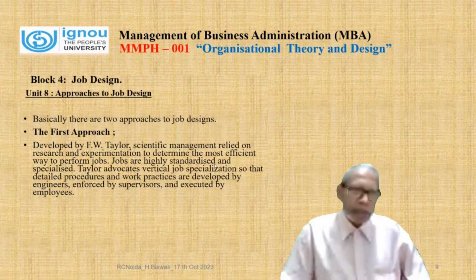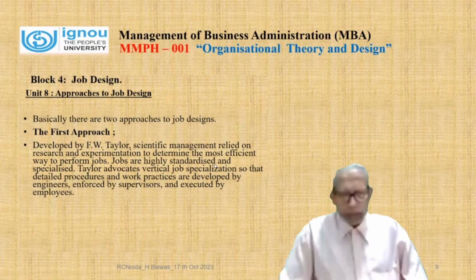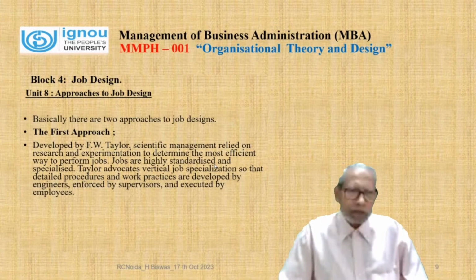Now basically the approaches are different. There are 2 approaches. The first approach was developed by F.W. Taylor, scientific management. He relied on research and experimentation to determine the most efficient way to perform jobs.